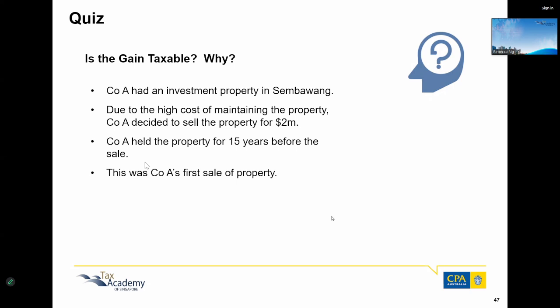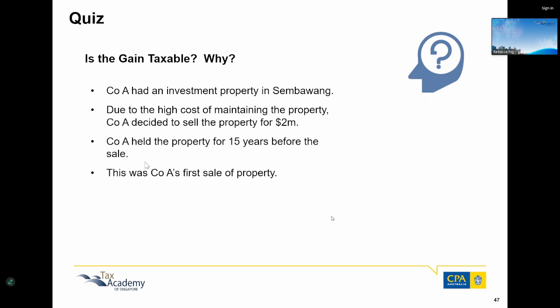This is one investment property in Sembawang. There's no information on how the investment property is used for the company's business activity. So for example, if it is used as a company office or it is used to derive rental income, it will be an asset and not a company trading in stock for sale.